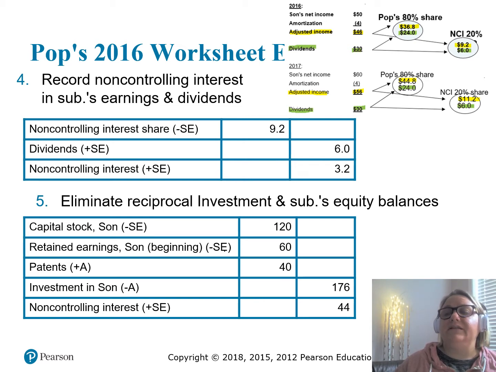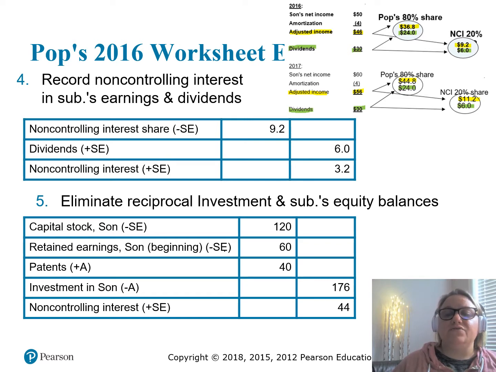The dividends, again, you can barely see it. It's kind of small. I'm really sorry. I'm trying to make it so you can see it. 6.0. Now, weirdly, they had the same amount of dividends. I mean, not weirdly. They probably just paid the same amount each year. But it just happens to be the same amount for each year.